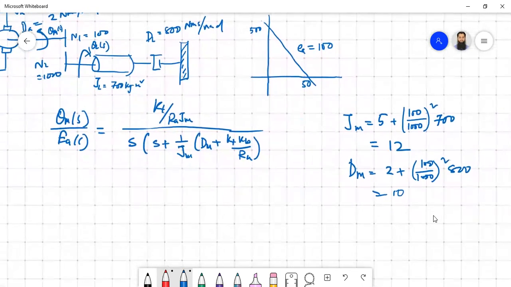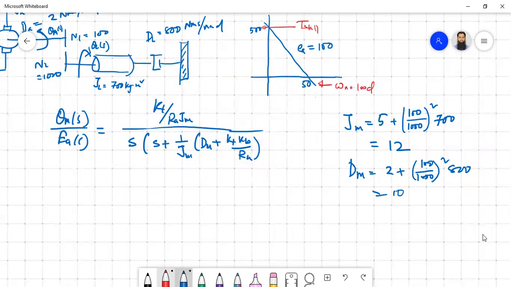Now what we have to figure out is Kt by Ra as well as Kb. So for Kt by Ra, we already know this is your T stall, and this is your omega no load.